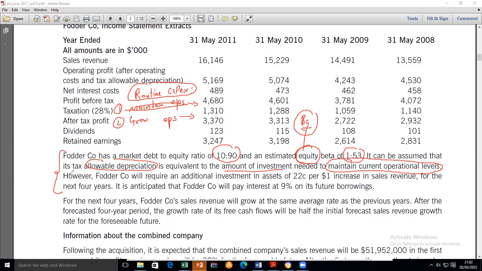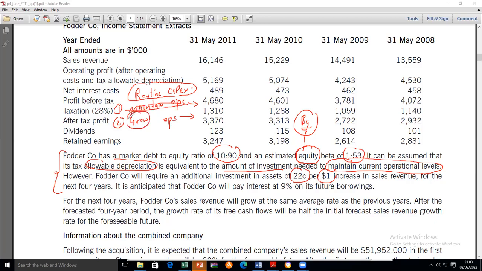What of this one? The question continues. However, if we require an additional investment of 22 cents for every $1 increase in sales, for the next 4 years, this is CapEx, which is required to grow your operations.